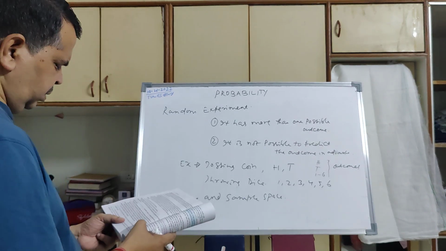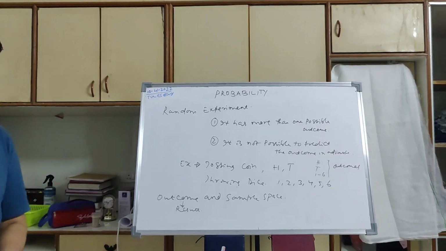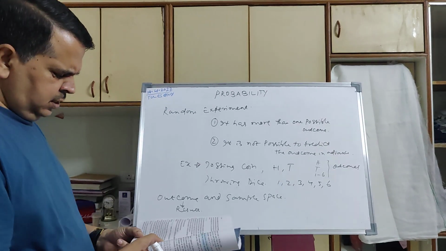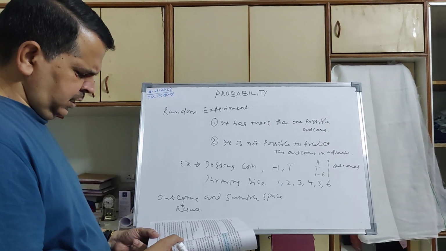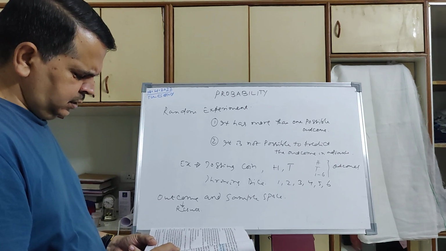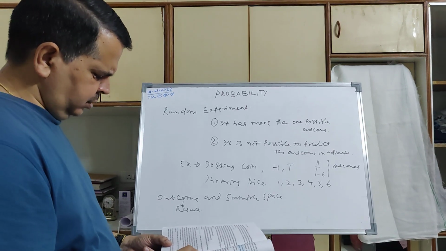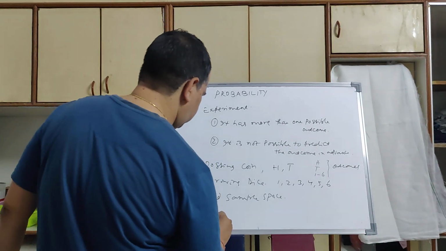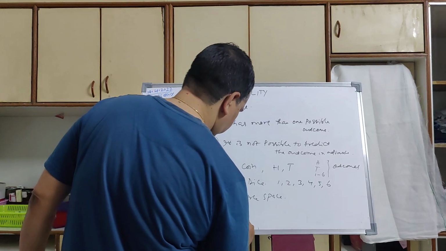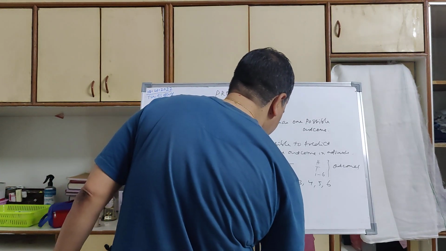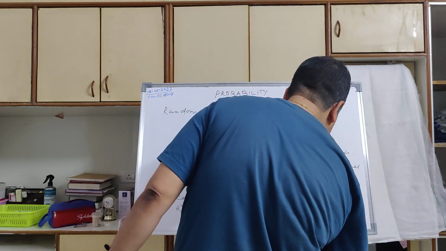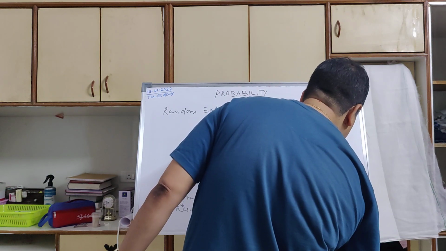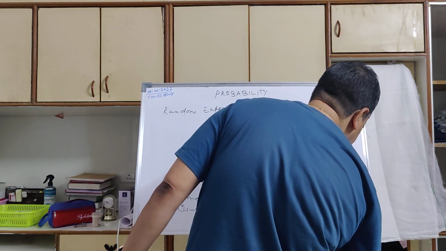Consider the experiment of rolling a die. The outcomes of the experiment are 1, 2, 3, 4, 5 and 6, if we are interested in the number of dots on the upper face of the die. So what is the sample space? When you are rolling a die, your sample space is nothing but 1, 2, 3, 4, 5, 6.